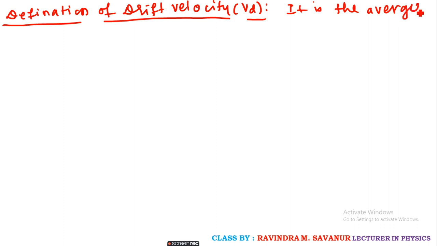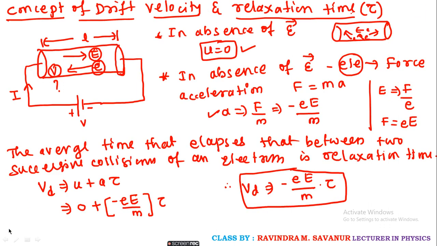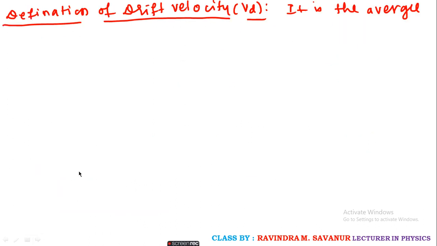See, in that slide we have only calculated for one electron, but there are a number of free electrons. That's why we are taking the average velocity, because each electron has a different velocity. Here we have derived only for one electron. It is not only one electron, there are a number of free electrons, so that's why we are taking the average. Okay, students?